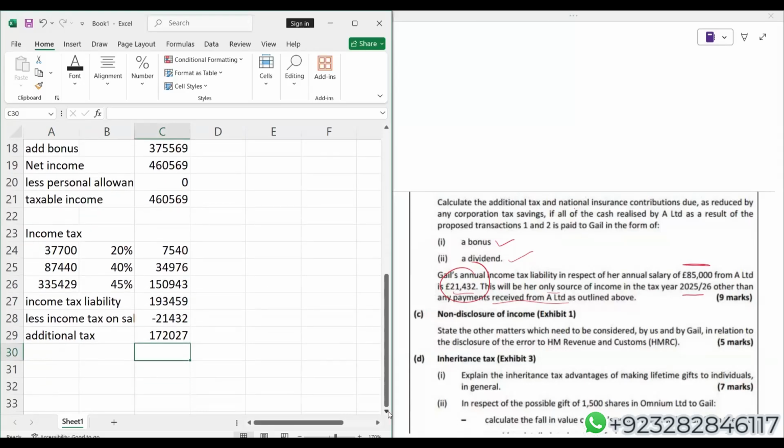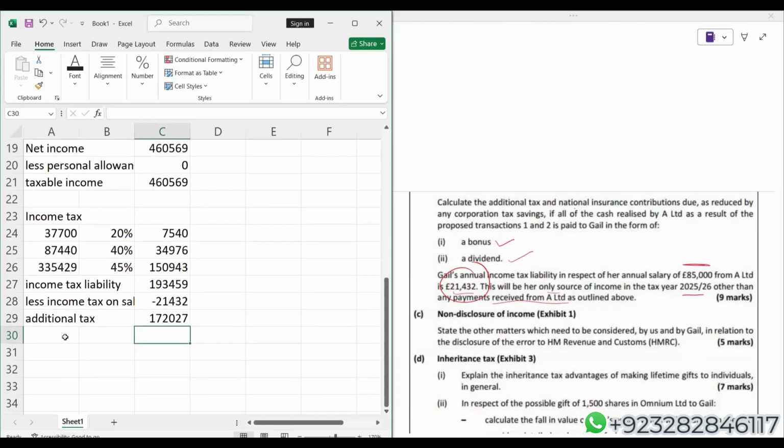Now very easily we can calculate additional class 1 NIC on this bonus. Of course, the applicable rate is going to be just 2% because the 85,000 has already utilized all the other rates. So additional class 1 employee NIC.